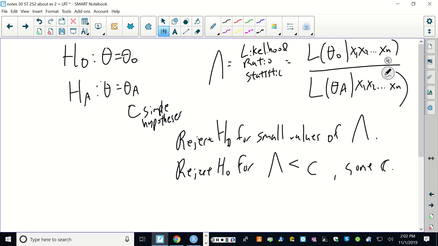C, the choice of C, will correspond to our alpha significance level. Right? So if you choose smaller things, right, then it becomes harder to reject, right? And this has to be a lot better, a lot bigger in the denominator for very small values of C. Right? More moderate values of C, it only has to be a little bit smaller. Right?